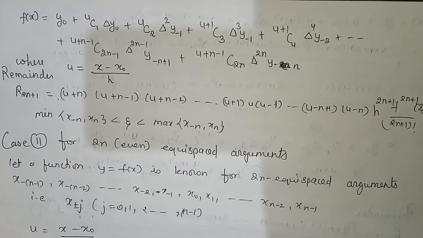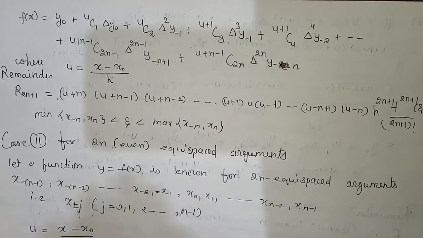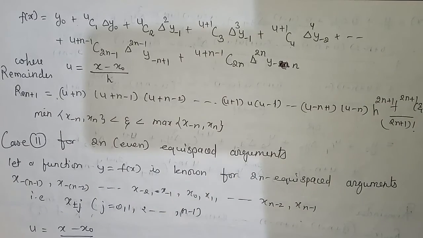Now we have two cases, one for odd values and another for even values. Now we will see the case for even equispaced arguments. Let a function y is equal to f of x be known for 2n equispaced arguments.